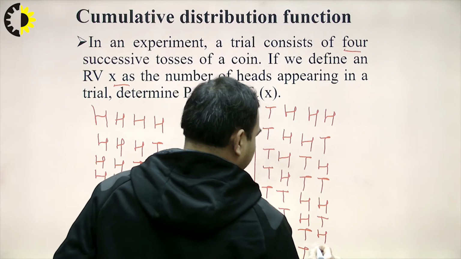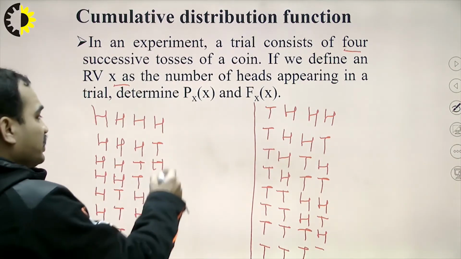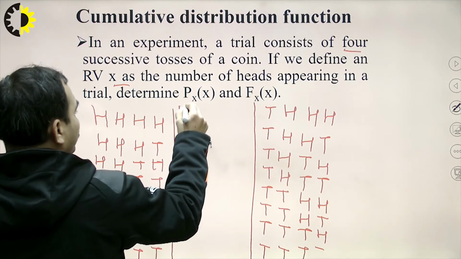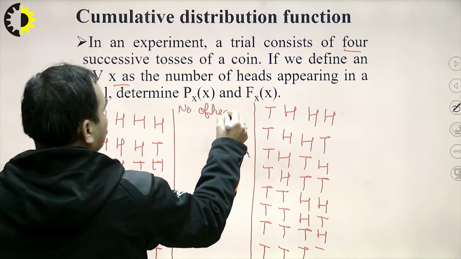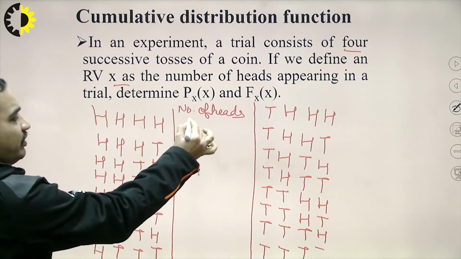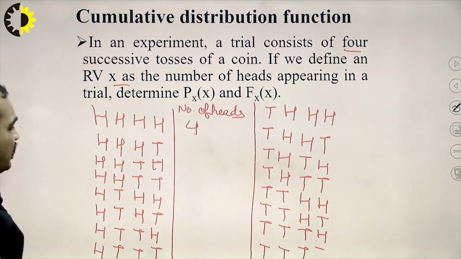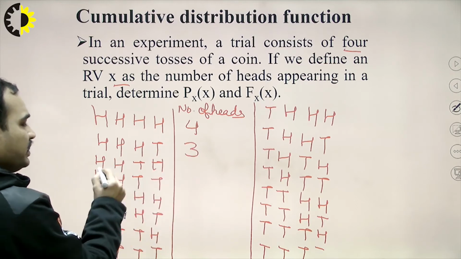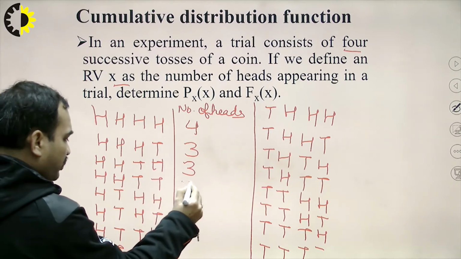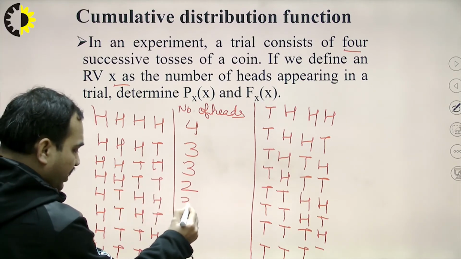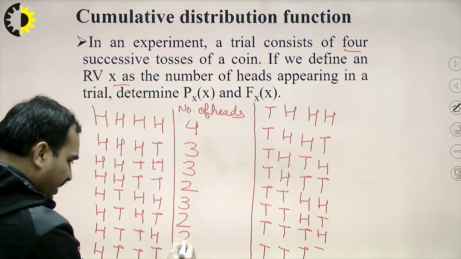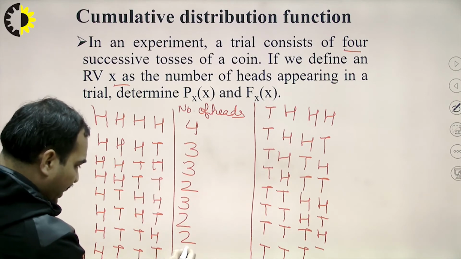So you can see here how many heads there are. I am counting the number of heads, where x is the number of heads. Here there are 4 heads. Here are 3 heads, here again 3 heads, then 2 heads, then 3 heads, then 2 heads, then again 2 heads, only 1 head.